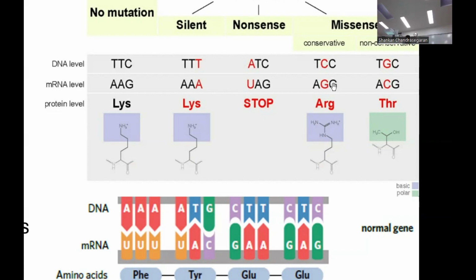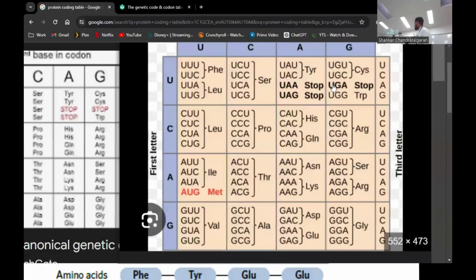The next one is a nonsense mutation. This is when that one change in the nucleotide sequence has suddenly caused it to become a stop codon. Remember what a stop codon is? It is the codon that codes for a stop within translation.